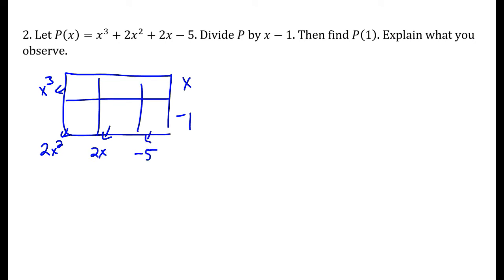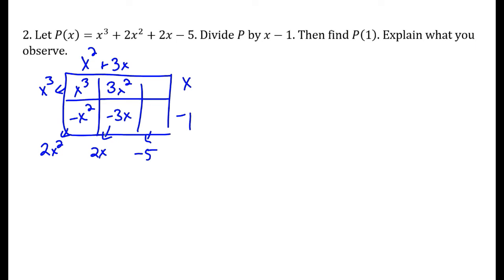Okay. X cubed goes in that box. Well, x squared times x is x cubed. Multiply down, that becomes a negative x squared. I want 2 of them. I've got negative 1, so it looks like I need 3 more. Plus 3x, minus 3x. I want 2. I've got negative 3.